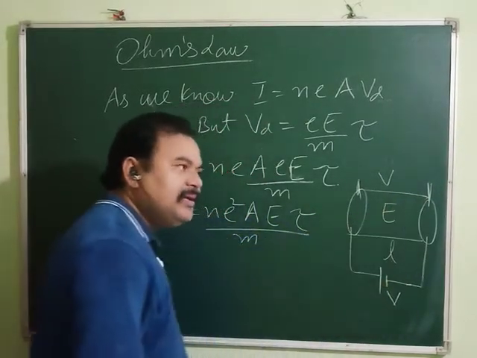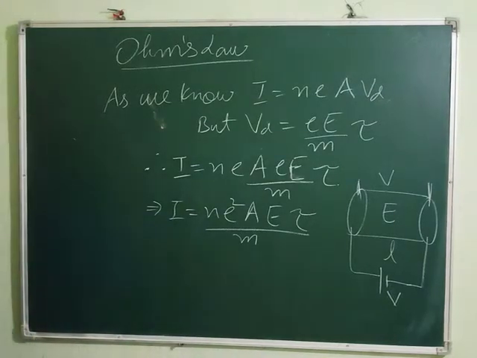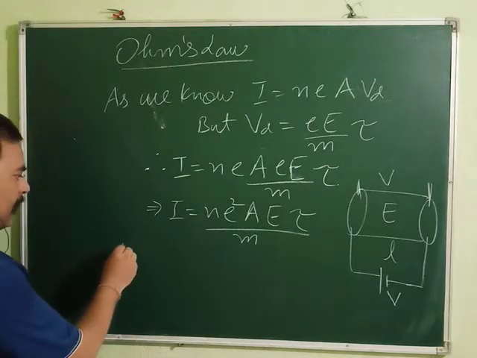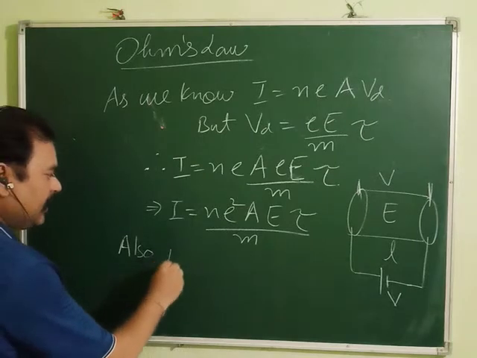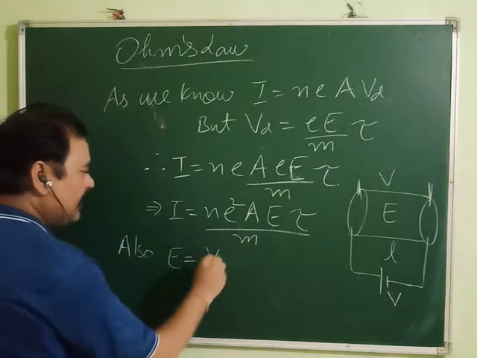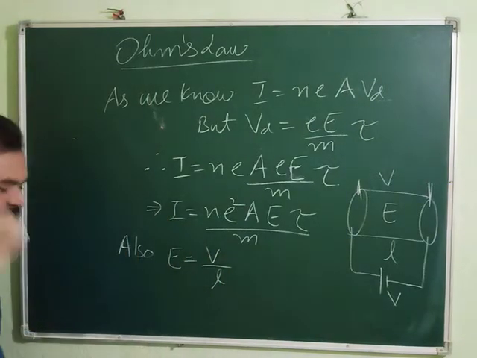That is E. So can you find the relation between electric field and potential difference? Obviously, E is V upon L: potential difference upon the separation between the two ends.